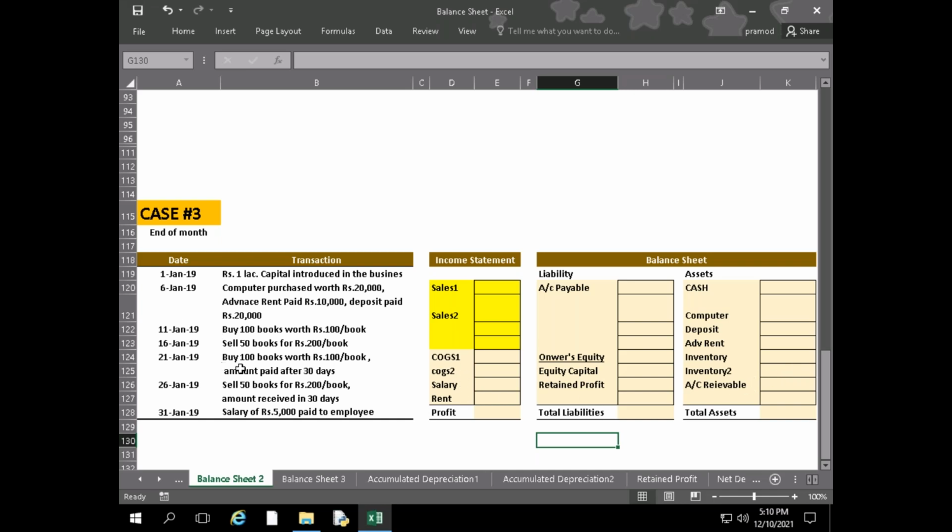Sir, here we have to add the two revenues, rent minus two COGS. That is how we get gross profit, sir. But in this formula, for profit we should minus salary and rent also, sir. Correct. No, how will you add? That is OPEX, no?